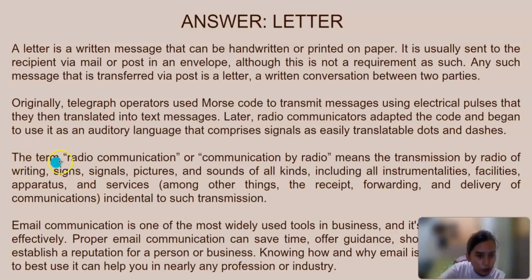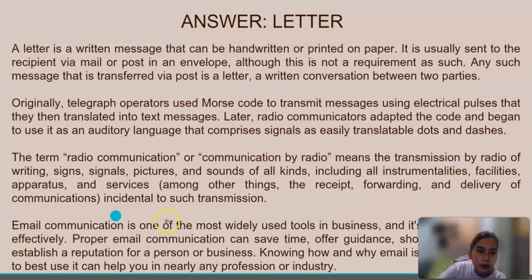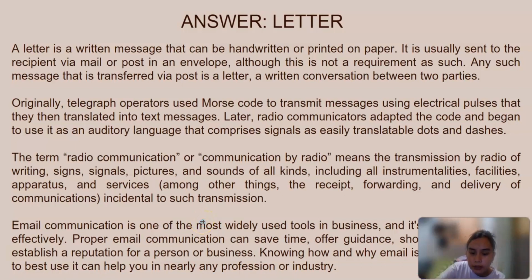And also for radio, the term radio communication, or communication by radio, means the transmission by radio of writing, signs, signals, pictures, and sounds of all kinds, including all instrumentalities, facilities, apparatus, and services. Among other things, the receipt, forwarding, and delivery of communication incidental to such transmission.